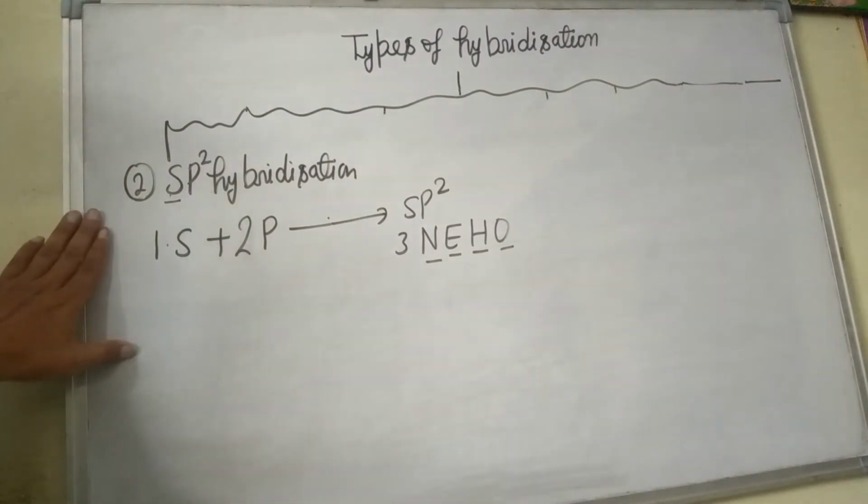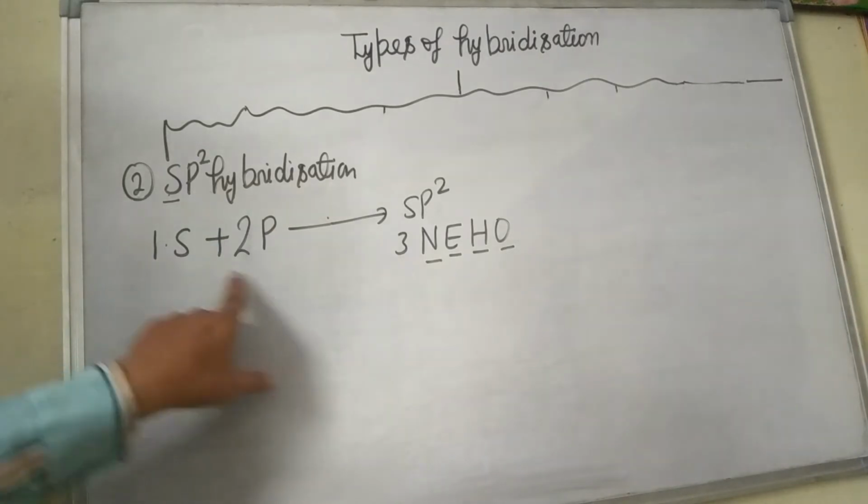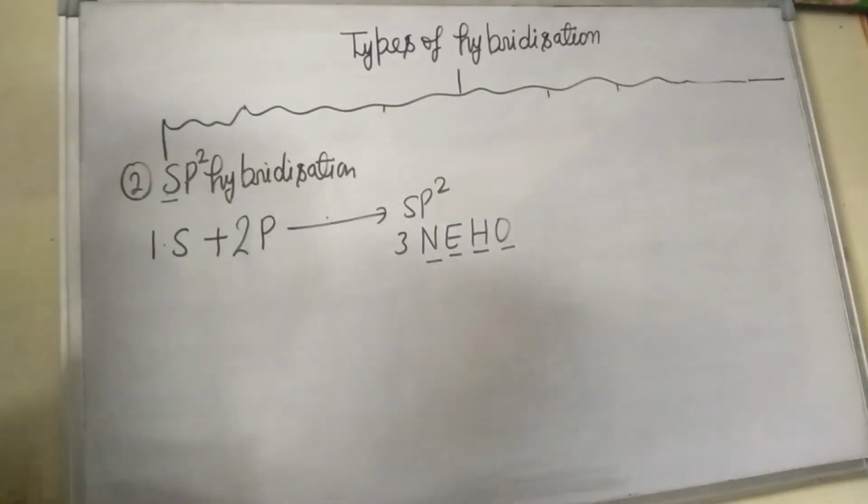What is sp2 hybridization? When 1s orbital and 2p orbital mix together to form 2 plus 1, 3 NeHo, full form of NeHo: new equivalent hybrid orbital. This is called sp2 hybridization.